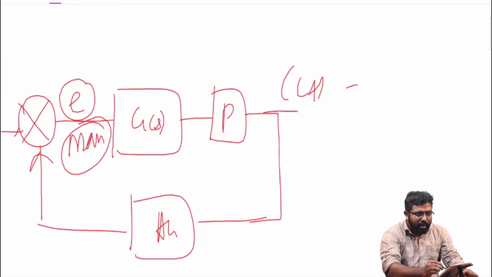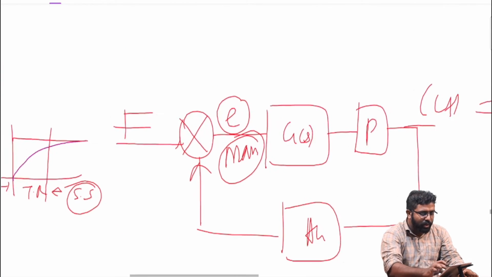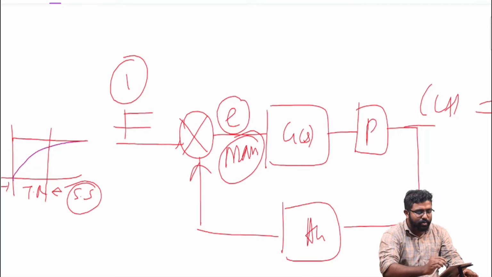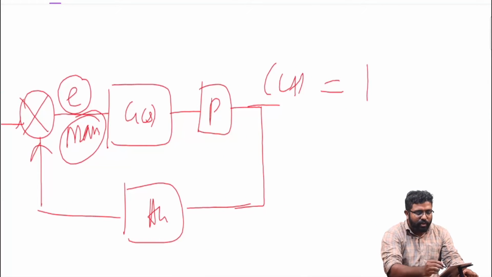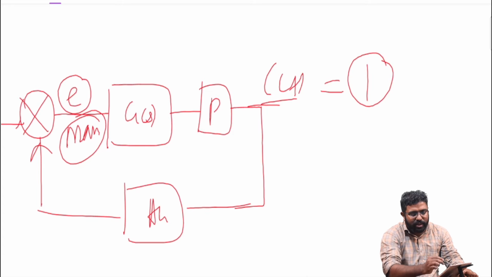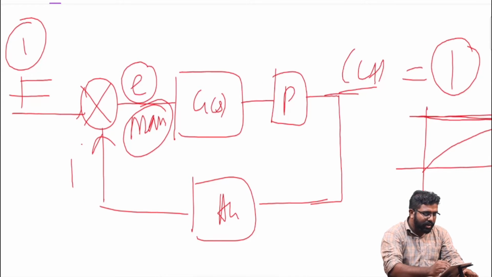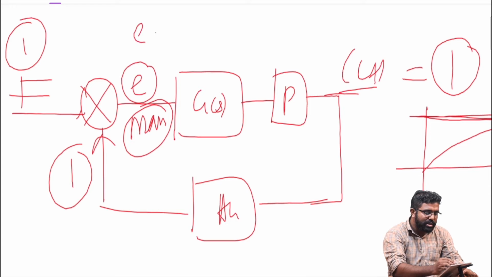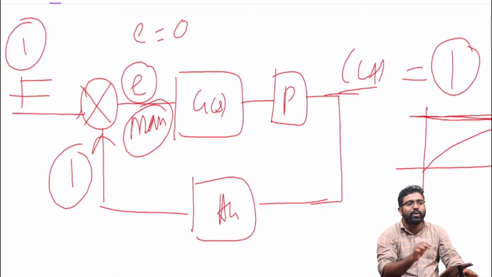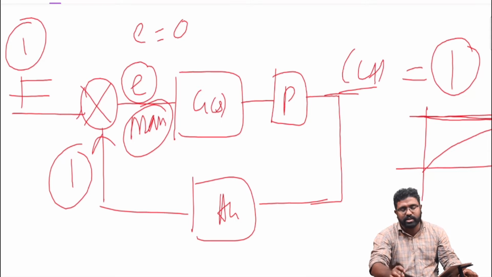When your input is 1, a unit step input, and your output equals 1, that means you are reaching steady state. After the transient period you reach unity, so the error signal becomes 0. When the error signal becomes 0, it reaches steady state and the whole system has become a controlled system.